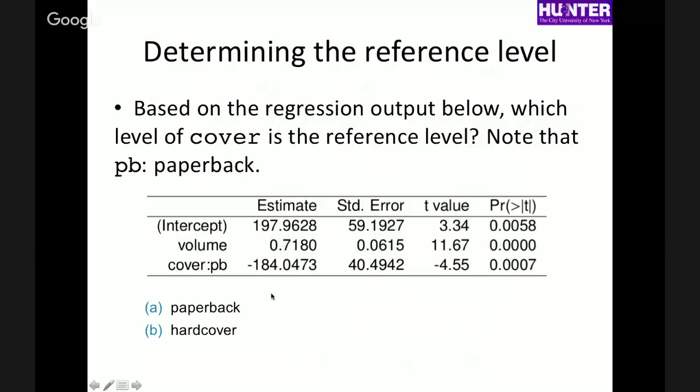Then if you had a magazine, you would start with the intercept, add the volume times the slope. You would just skip past cover paperback because it's not a paperback, and then you'd go to the line that said cover magazine and add or subtract whatever was there. Probably subtract, assuming that magazines have thinner pages.